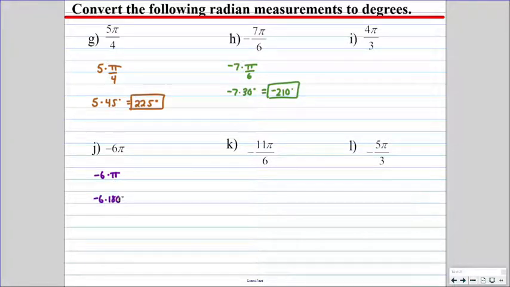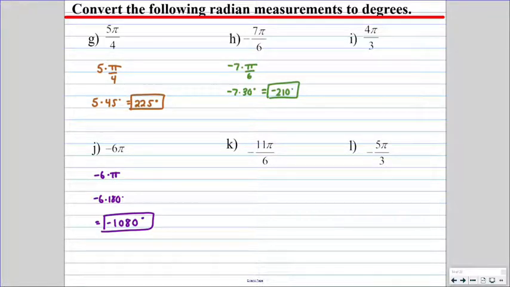So we're just multiplying negative 6 by 180. That's going to give us negative 1,080 degrees. Remember that we're marking degrees with degree symbols. We always want to make sure that we include degree symbols when we're dealing with degrees. If you leave the degree symbol off, I'll assume that you're writing it as a radian instead. So those are very different things.